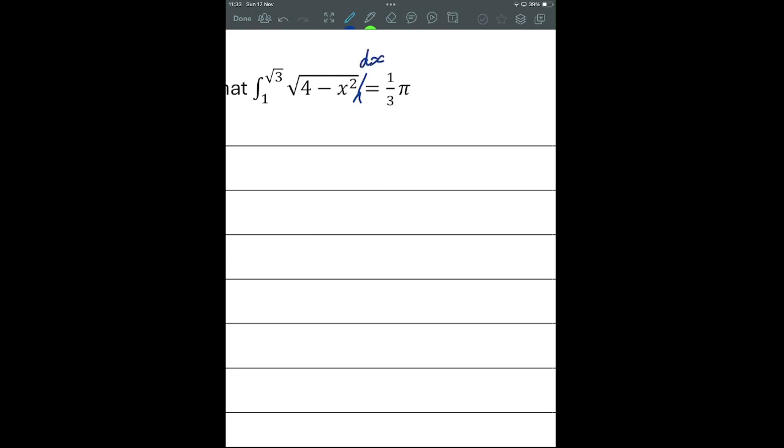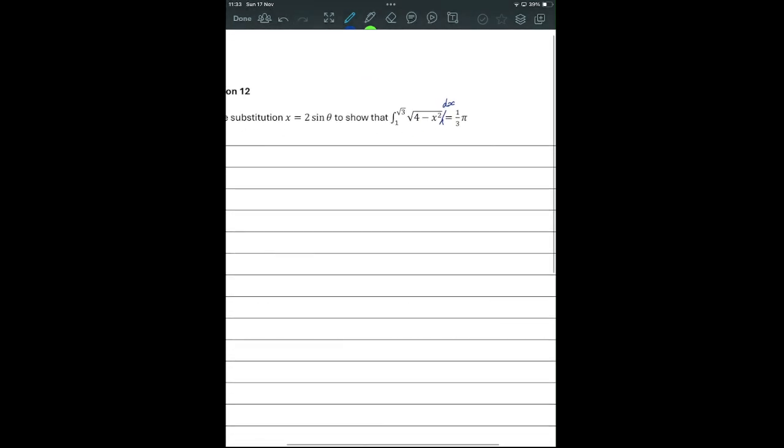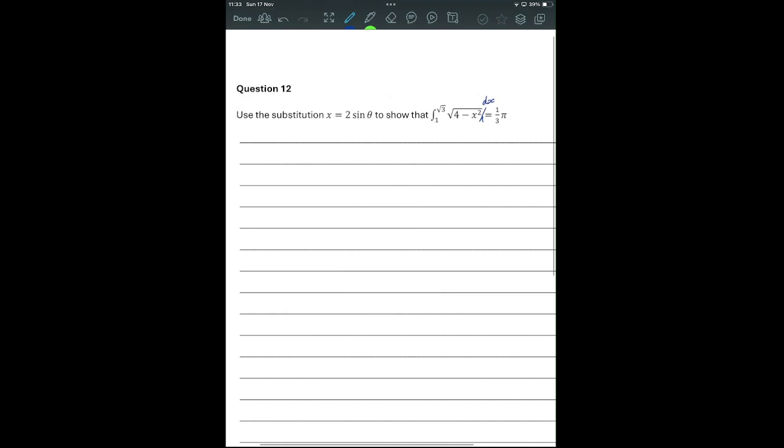The only thing that makes sense to be there is the dx. Every integral has to have a dx, a d theta, a d something. It normally matches whichever letters inside the integral. We have x's inside, so there should be a dx there. Let's do the question. We're using the substitution x equals 2 sine theta.